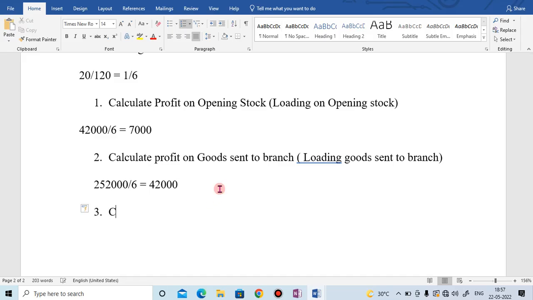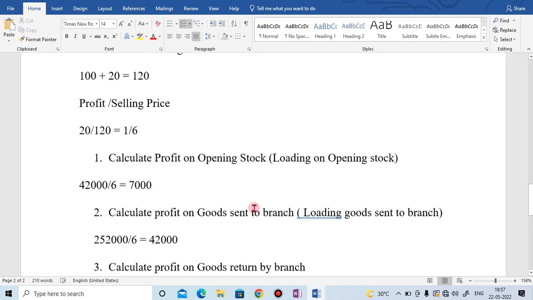Now the next loading, third, is to calculate profit on goods returned by branch.